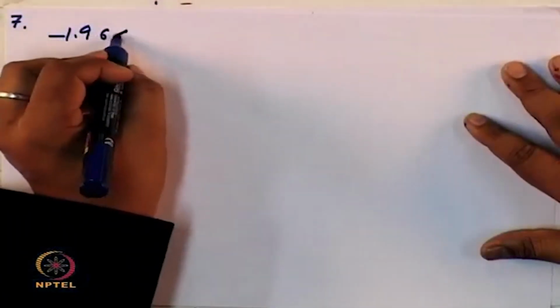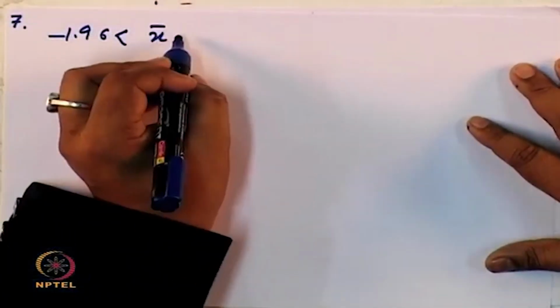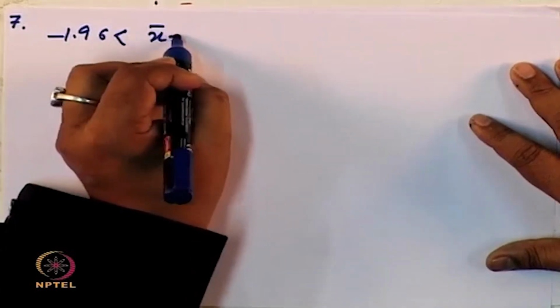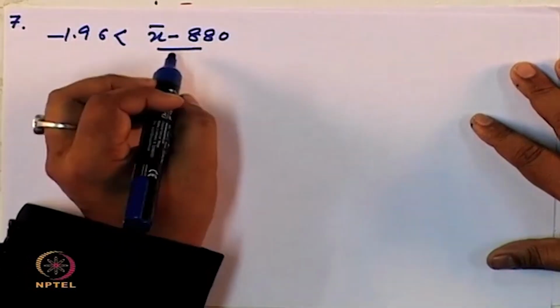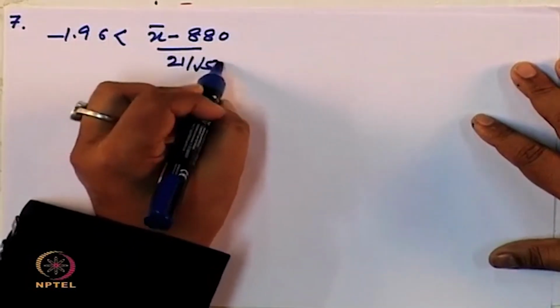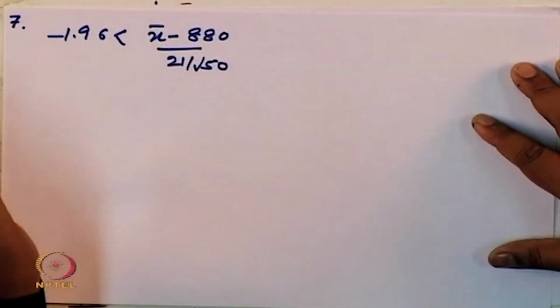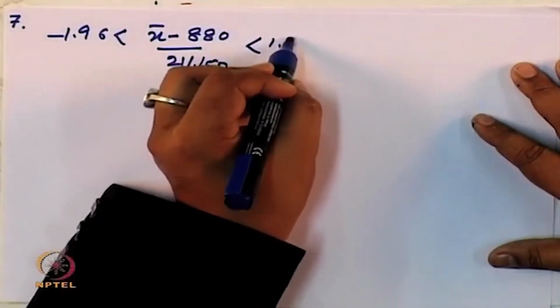So, if you plug in the values, you write minus 1.96 less than x bar minus 880 by 21 by root 50 less than 1.96.